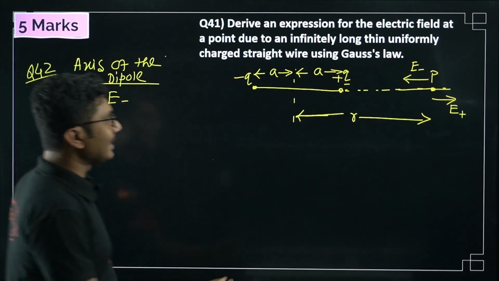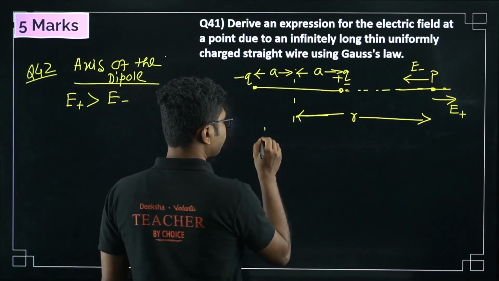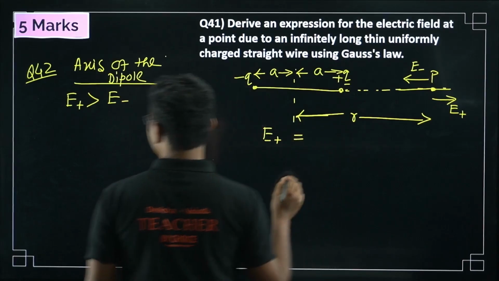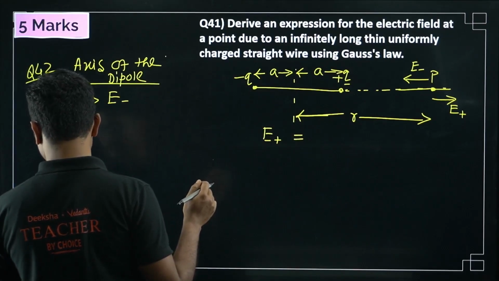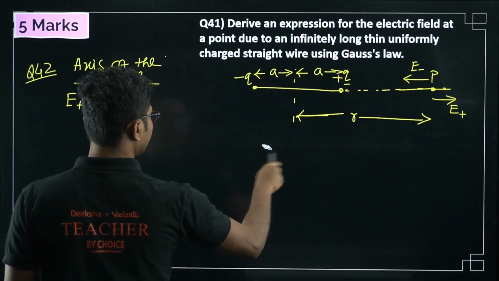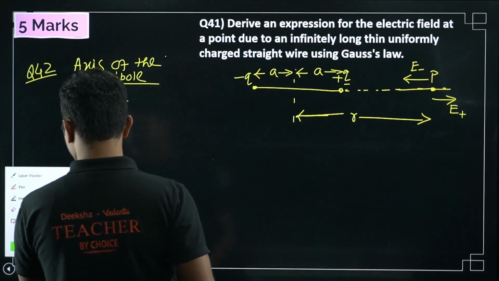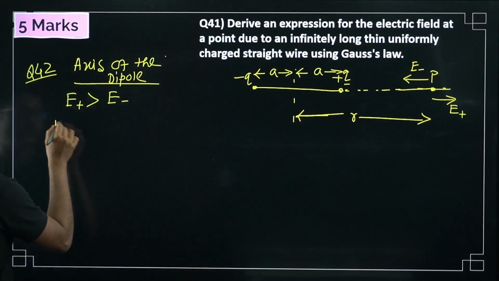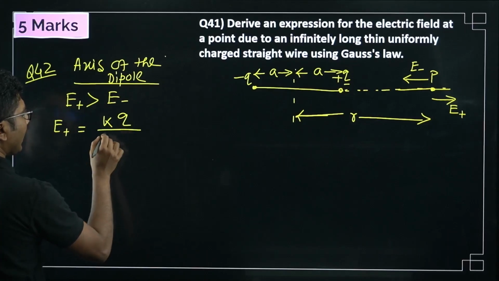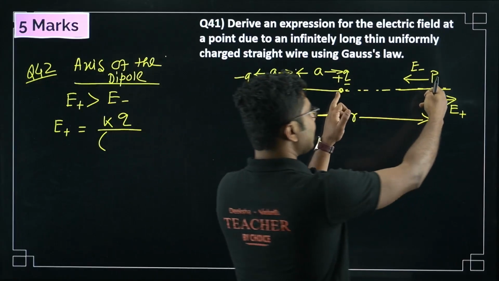Now let us find the electric fields one by one. What is E plus? E plus is kQ by the distance squared. What is this distance?